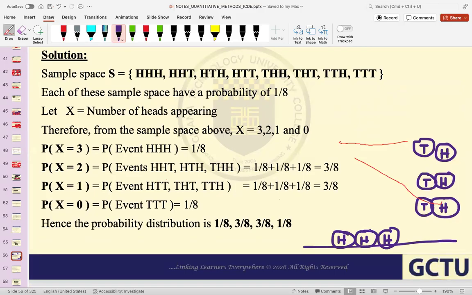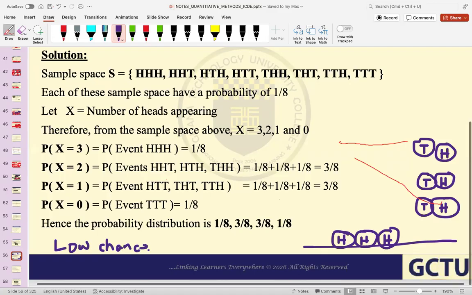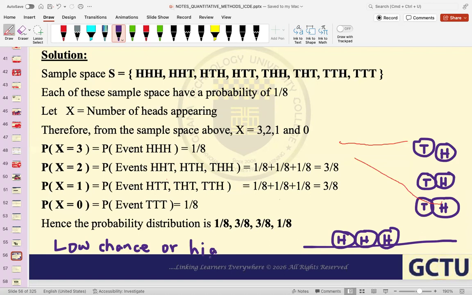This is the calculation we want to do. We don't want to use a qualitative statement to say that we have a low chance or a high chance.